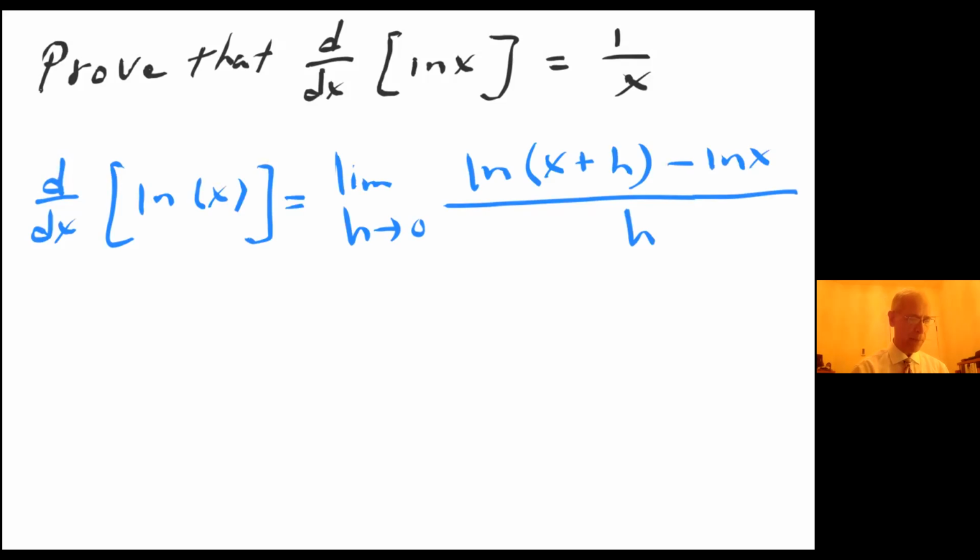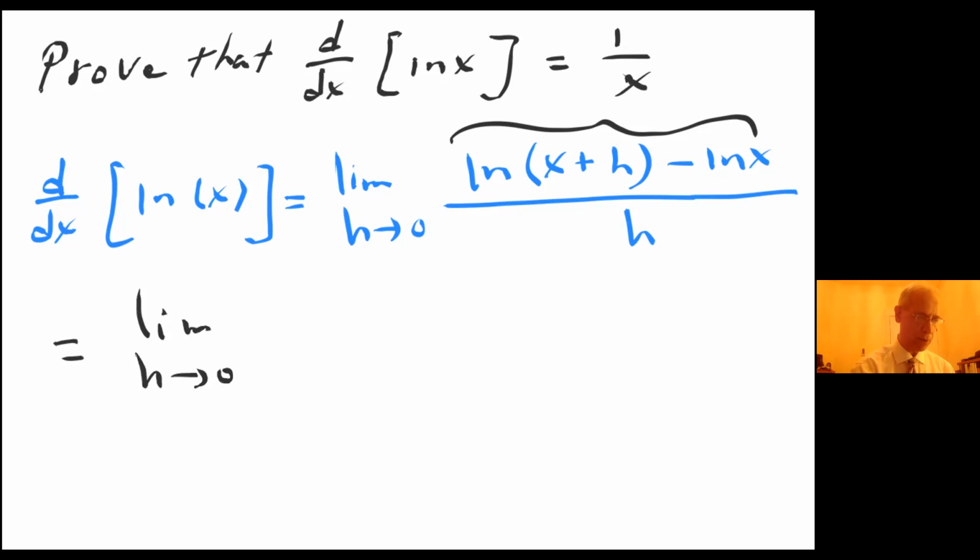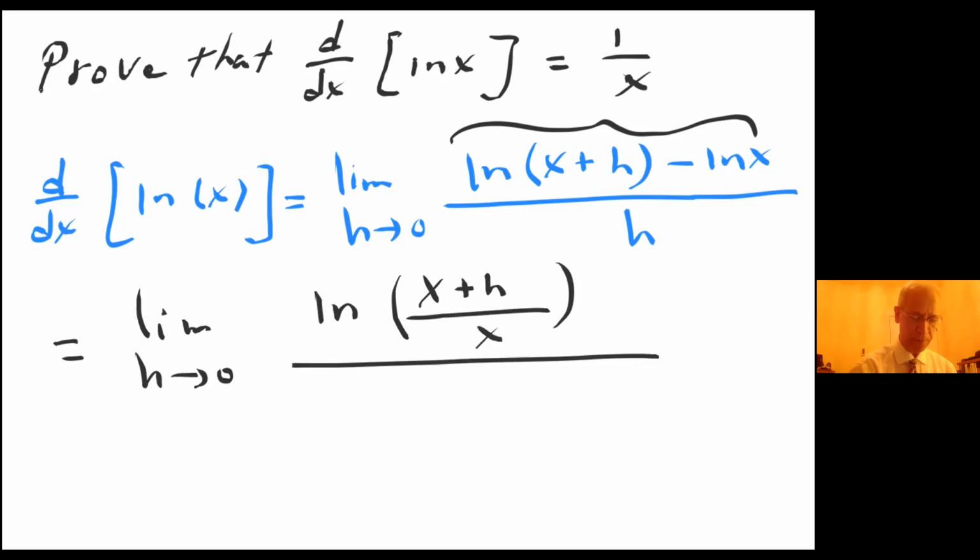So the next step, I'm going to use the laws of logarithm here for this numerator. And I'm going to rewrite this as the limit as h goes to 0 of natural log of x plus h over x, using laws of logarithm, all over h.